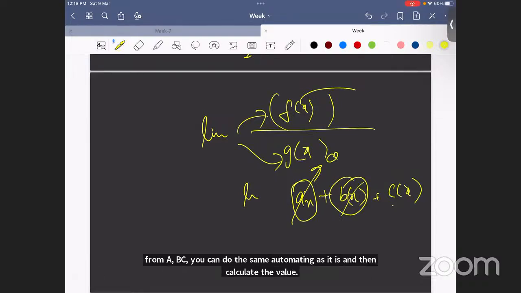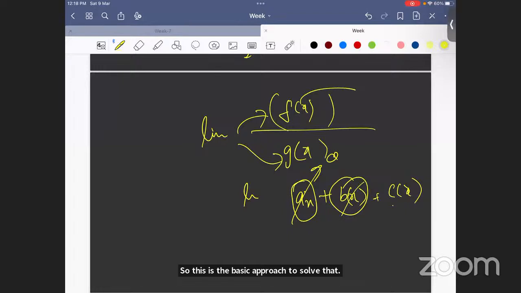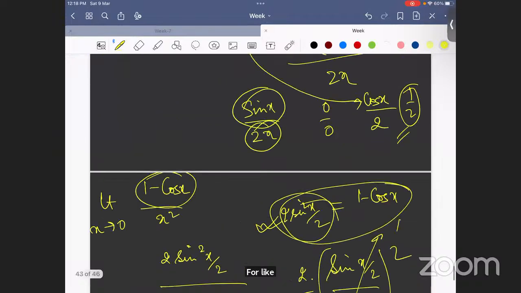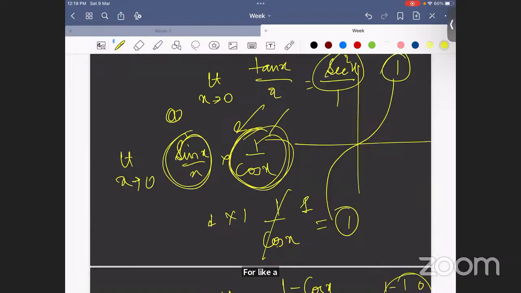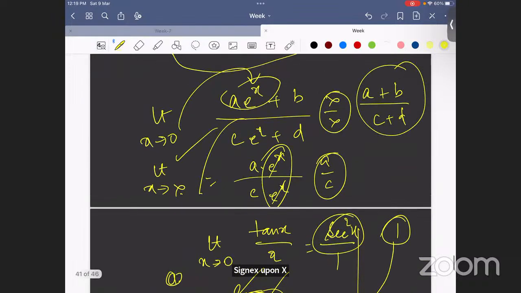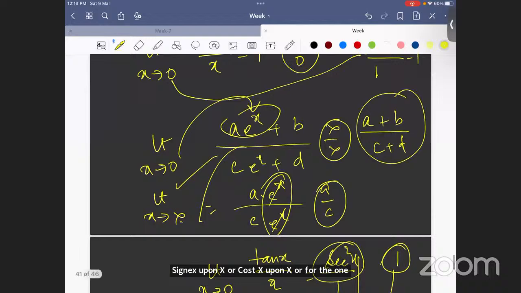For solving the limit of each and every function, you can use L'Hopital's rule, or you can just remember some standard limits, like I told you. Some of the standard limits we have calculated are sin x upon x, cos x upon x, tan x upon x, and ln(1 plus x) upon x.